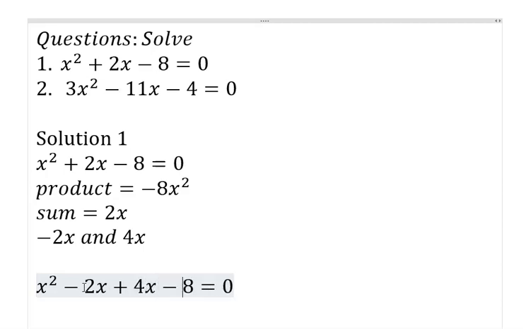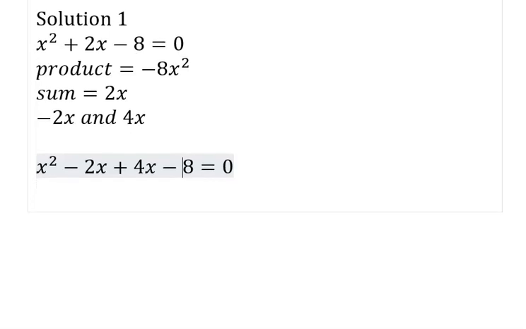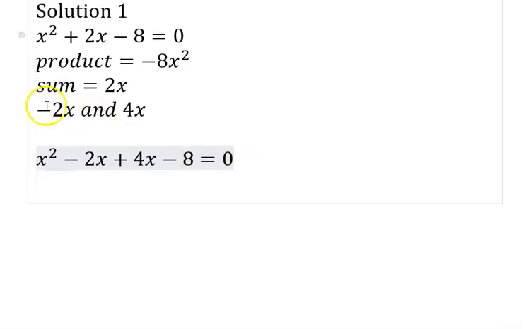We have this here. So instead of this, just leave what is on your extreme left, you bring it back. What is on your extreme right, you do what? You still bring it back. Those two numbers that you're able to come up with, minus 2x and plus 4x, you just bring it in between. So that's what we've just done.